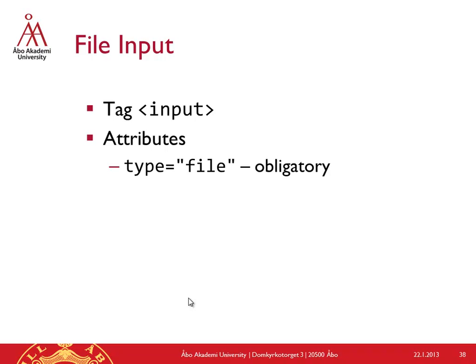Unfortunately, you're unable to specify an extension for specific file types with this file input element, so you will always have this All files option selected. But anyway, this is an interesting element.